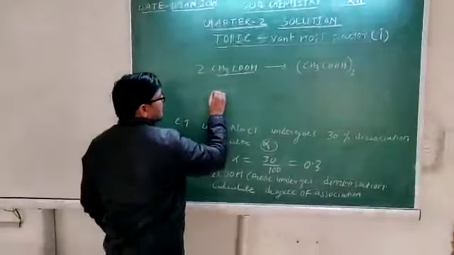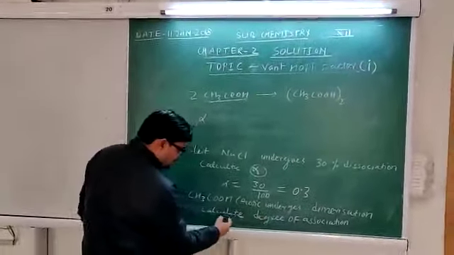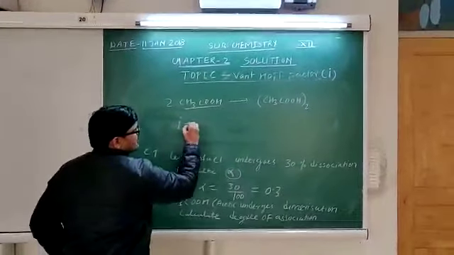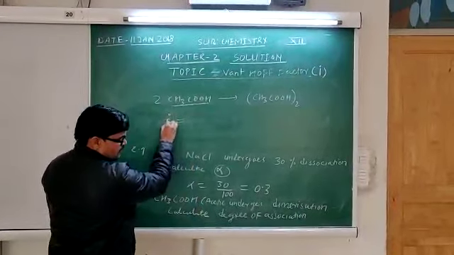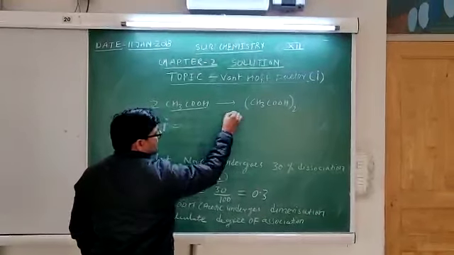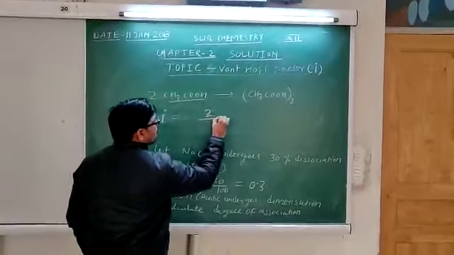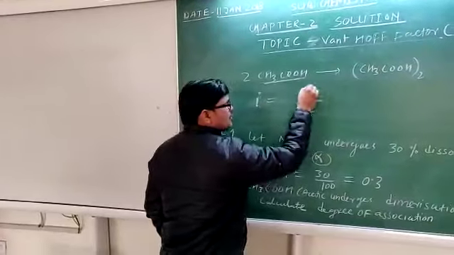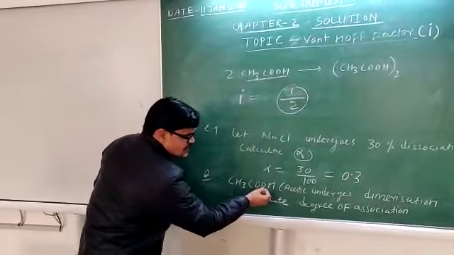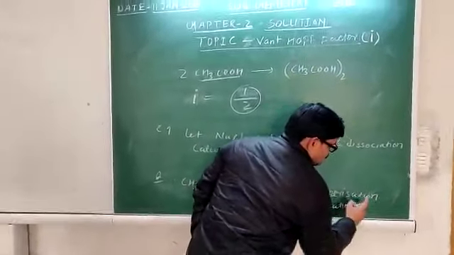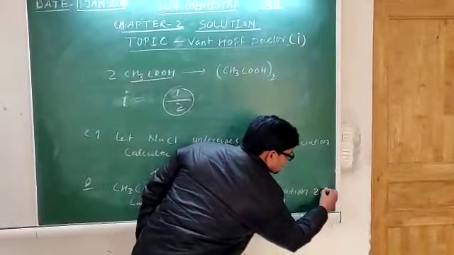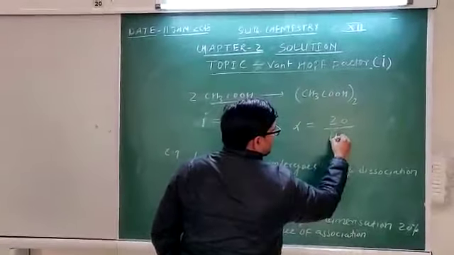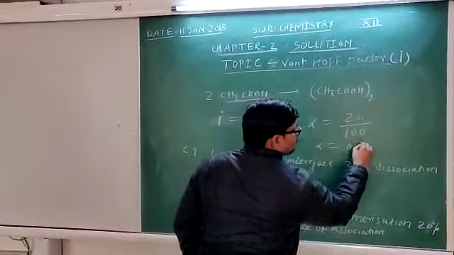If you want to find the van't Hoff factor i, the number of particles after association is 1 and before association is 2, so the van't Hoff factor becomes 1 upon 2. Now suppose this dimerization undergoes 20%. How can we find alpha? The associated amount is 20 and the total amount is 100, so we get 0.2 as the degree of association.